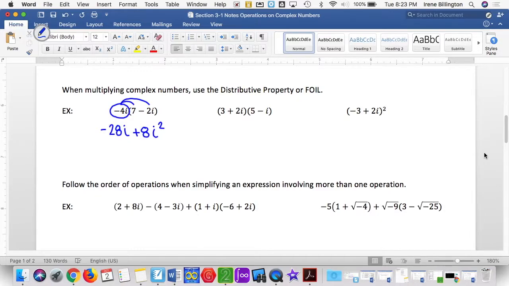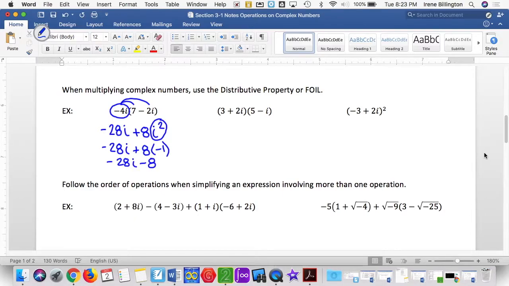Now, to finish simplifying this expression, we need to recognize that i squared is equal to negative 1. So this expression becomes negative 28i plus 8 times negative 1. We substitute negative 1 for i squared. When I multiply 8 and negative 1, I have negative 28i minus 8.